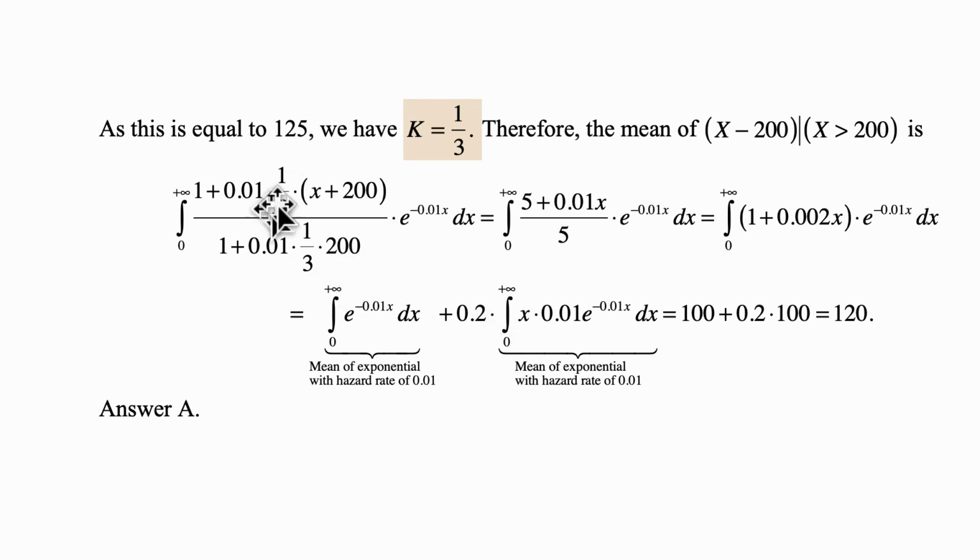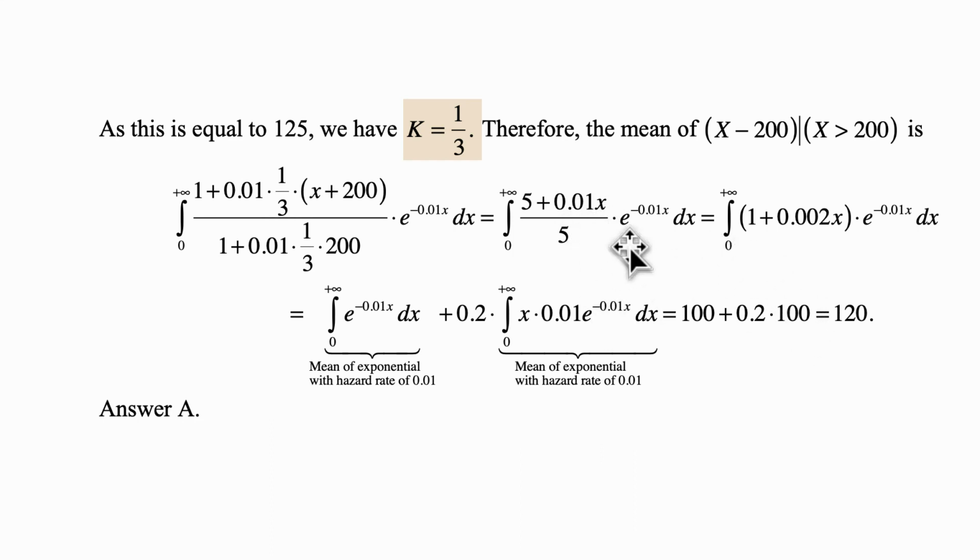Okay, so we multiply it out, calculating all this, and what we get is the integral from 0 to plus infinity of (5 plus 0.01x) over 5. You get this from multiplying the top and bottom by 3, so this becomes 3 and this becomes 3, but this becomes 2, 200 times 0.01, so that's where 5 comes from: 2 from 200 times 0.01 plus the 3 is 5, and then what we have left here is 0.01x.